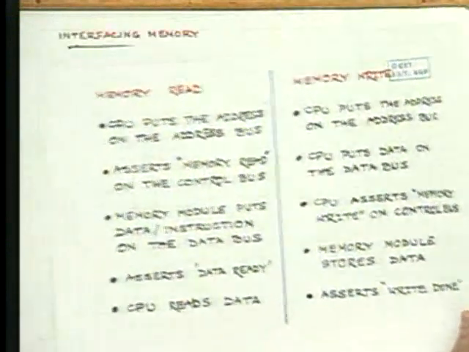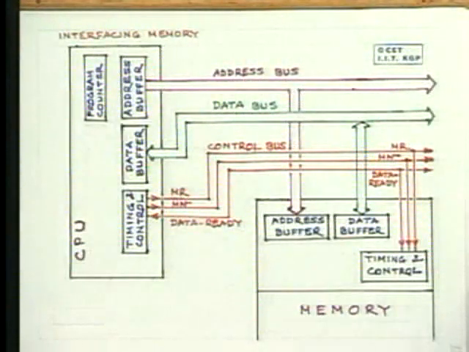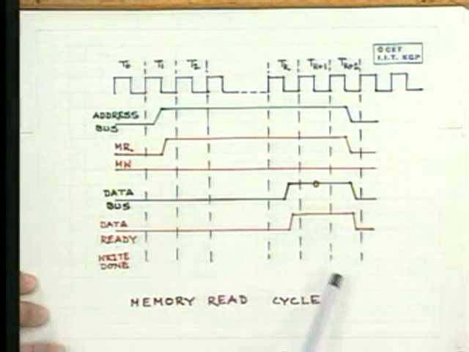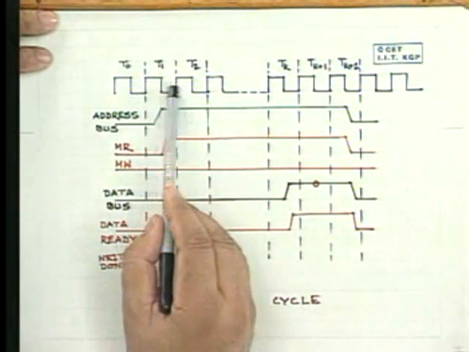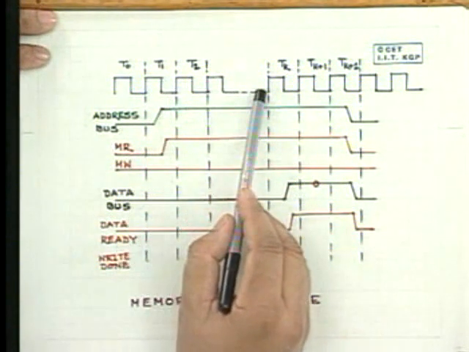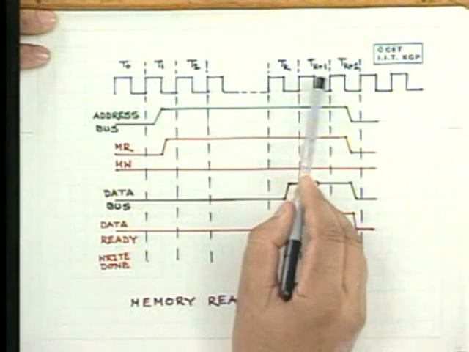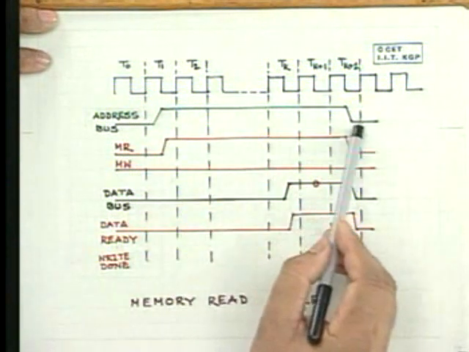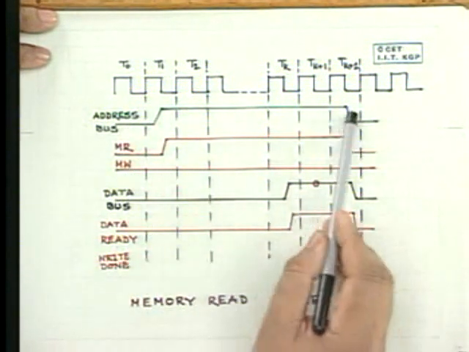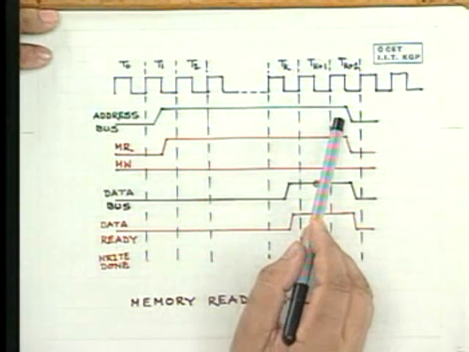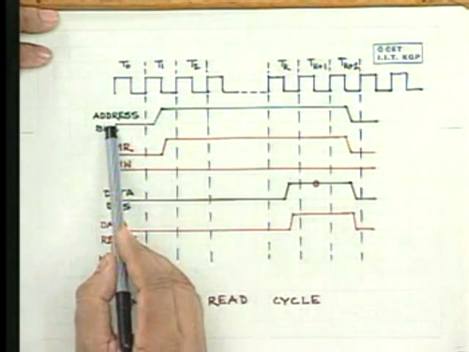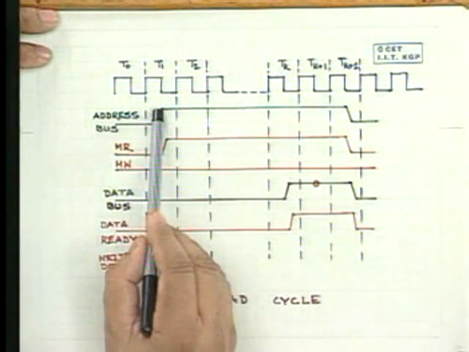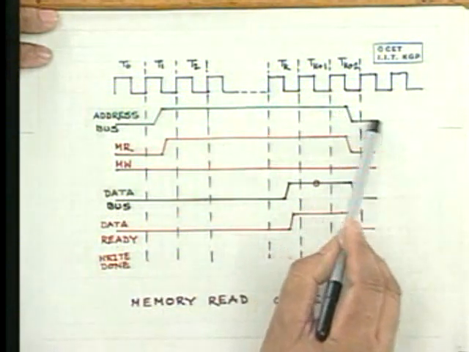Now, in terms of specific control signals, this is in fact just to give you a glimpse that this can take place. These are the different timing states we talk of, say T1, T2, etc., Tk, Tk plus 1, that handshaking signals, naturally ultimately it has to be done through signals, is generated and accepted. So for example, the CPU activates the address bus at T1. Say this up means the address bus is activated.